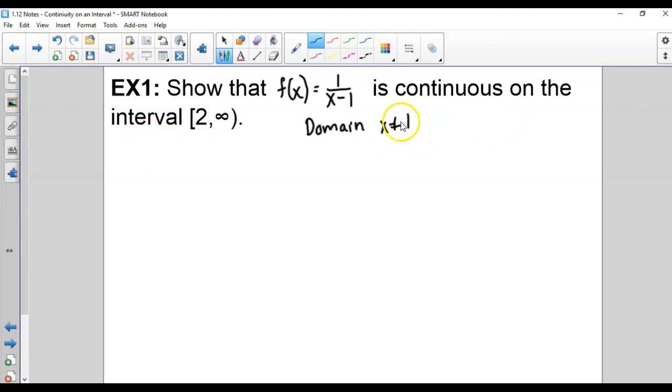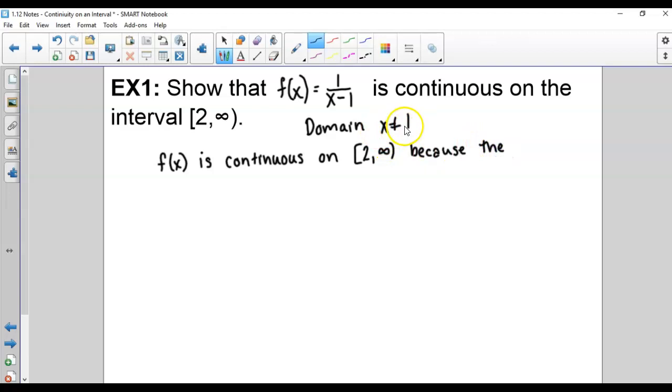So, we could say that f of x is continuous on the interval from -2 to infinity because, what type of discontinuity am I going to have at x equals 1? It's not a hole.